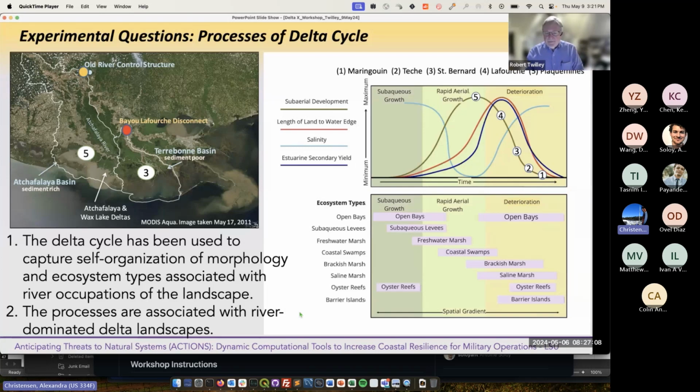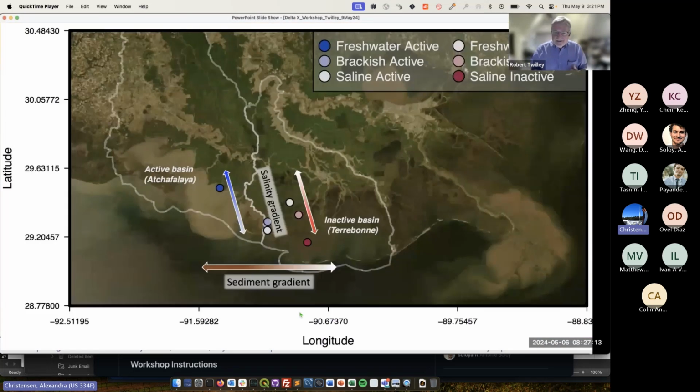So again, can we develop a model that allows us to capture all the parameters accurately to look at soil formation? Because we know that the ability of wetlands to sustain or to remain in these landscapes is based on the ability of building elevation, what Don Cahoon refers to as elevation capital, and building that elevation relative to sea level rise and subsidence.